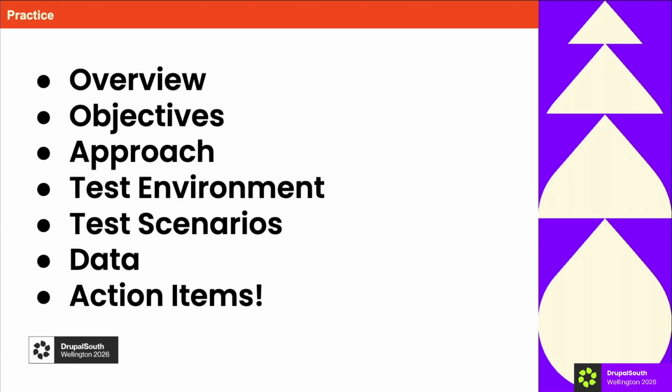Now, things that you can include are an overview. So somebody who's less technical, right at the top, understands how everything went. Objectives, your approach, so what tools you used. We're doing this testing because of X, that's the objective. Our approach is we used the PreviousNext K6 solution to test our site.